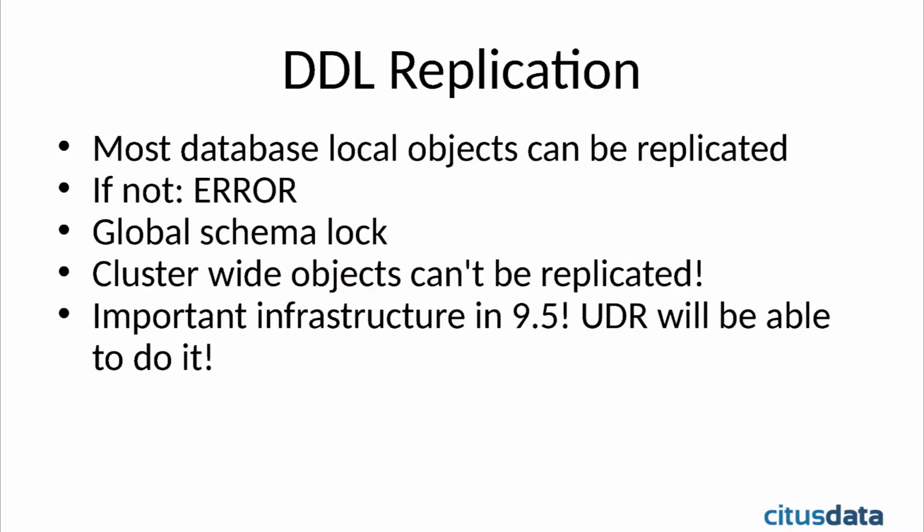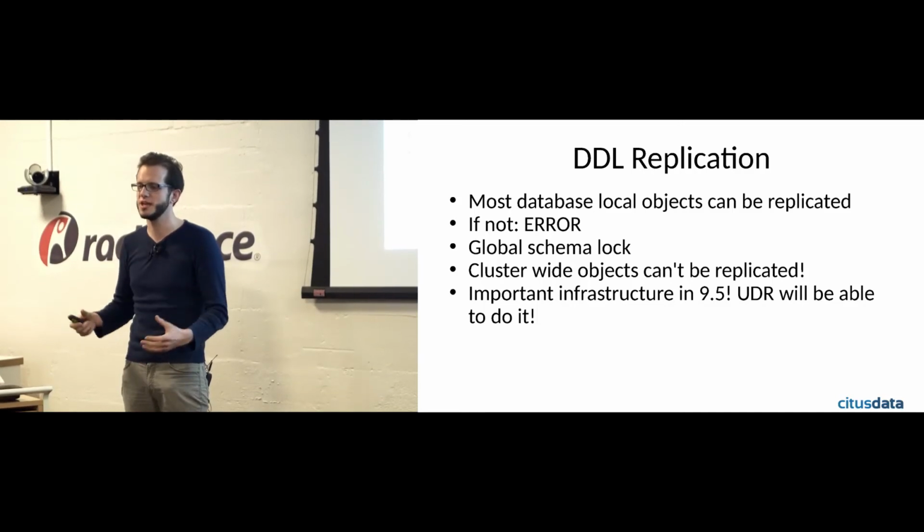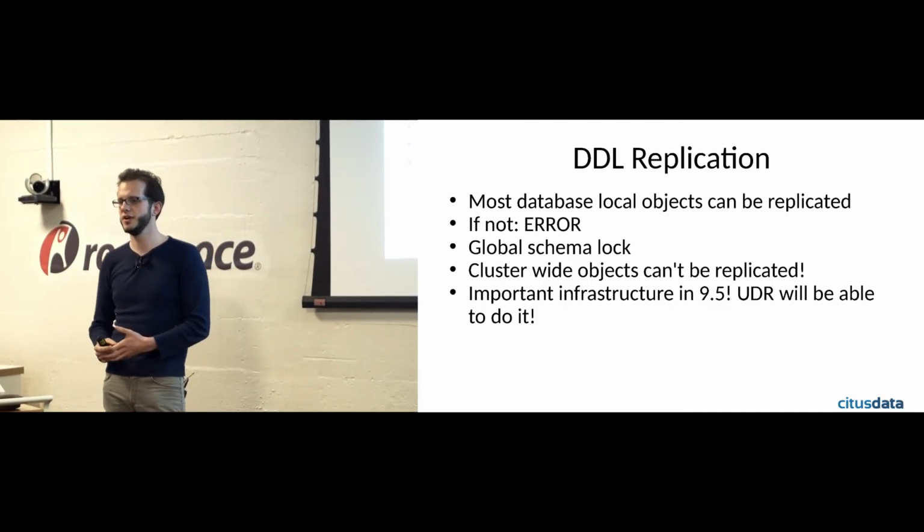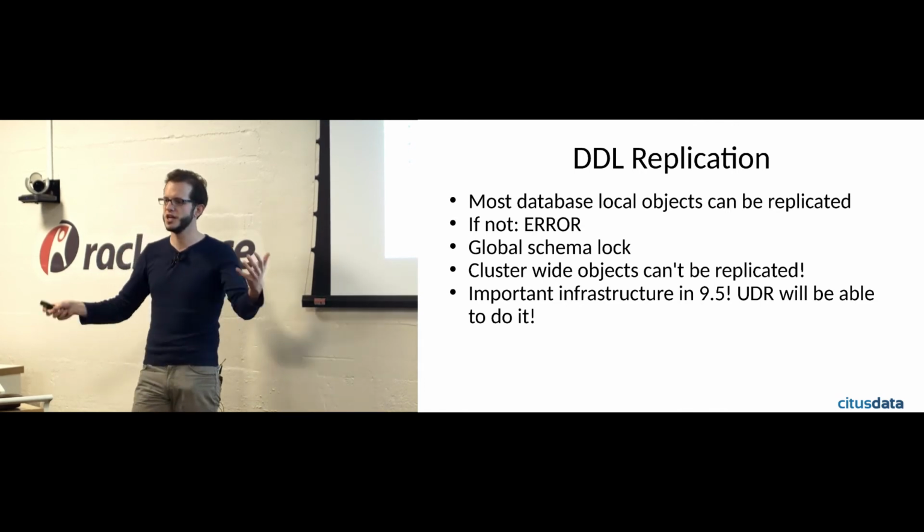But there's a couple of things that don't just work. Because BDR and UDR are configured on a database level, you don't replicate entire clusters, you replicate individual databases. There's the problem that Postgres has these annoying objects that are not on database level, but on a cluster level. For example, users are shared between databases.